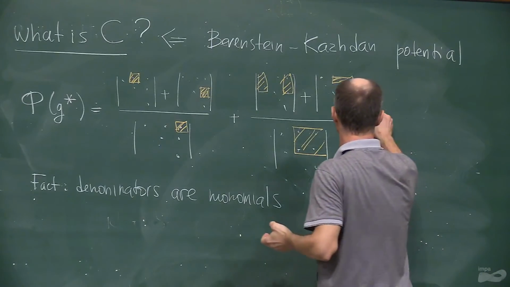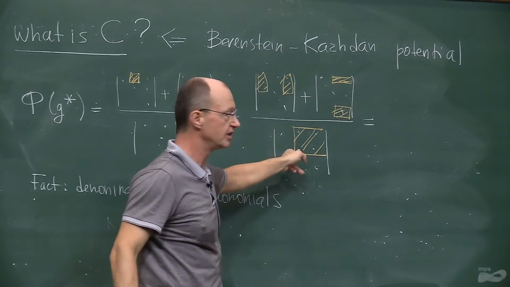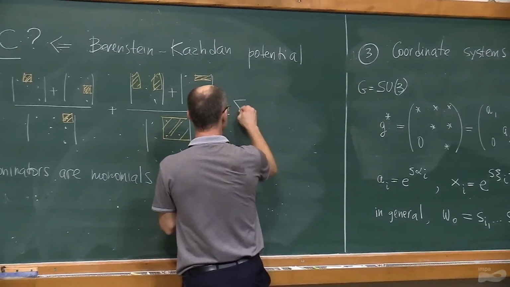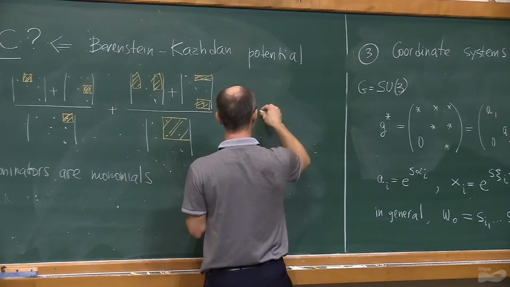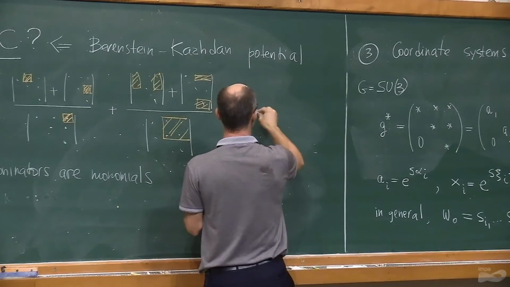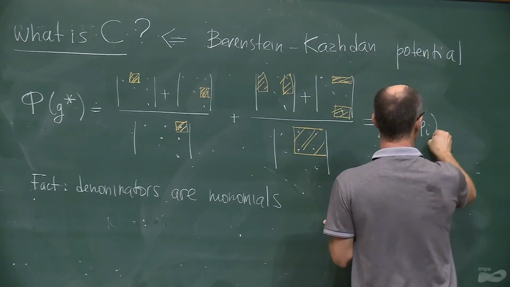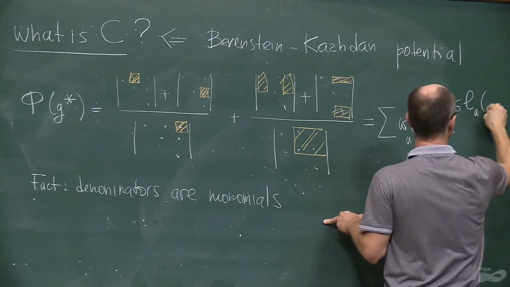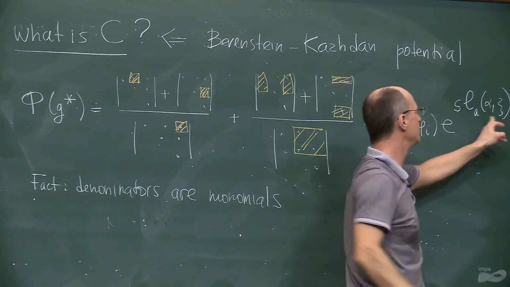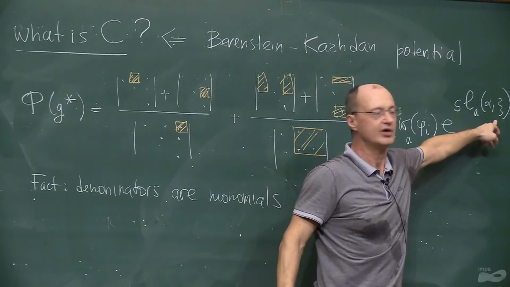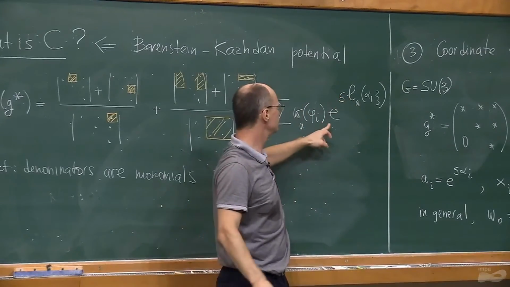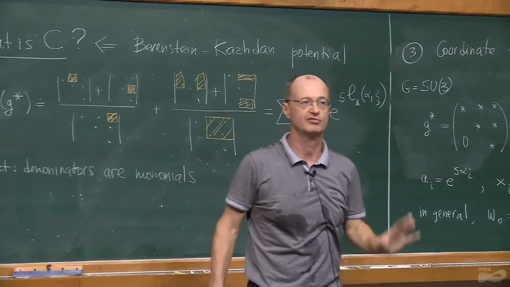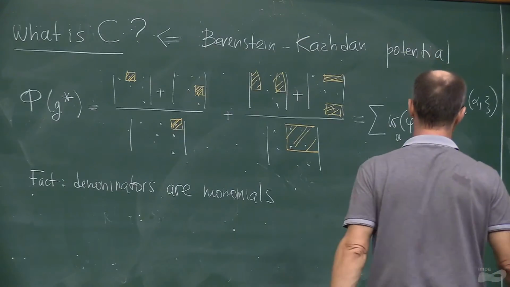So this actually means the following, that this gadget, if we express it in terms of those coordinates, will be a sum of some coefficients, let me call them W, which maybe depend on the angles. And here, this will be some linear forms of alpha and psi, right? So this will be a sum of exponentials of linear forms with some coefficients which are trigonometric functions of phi's.